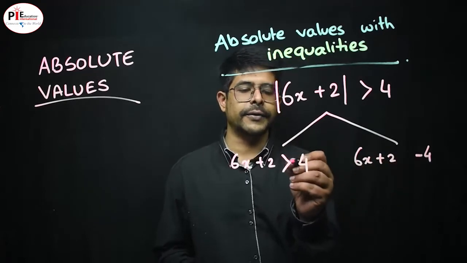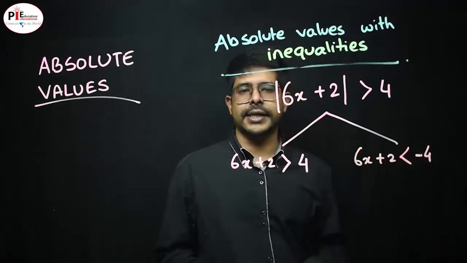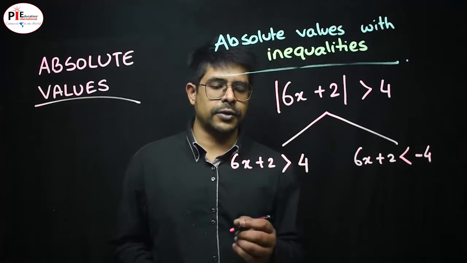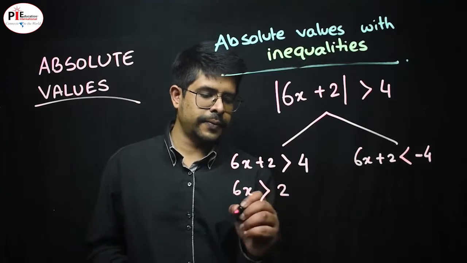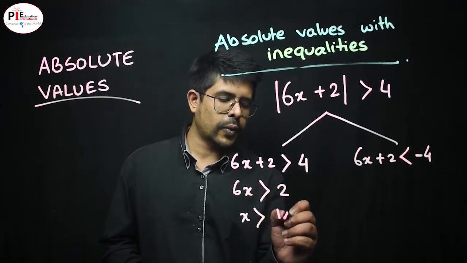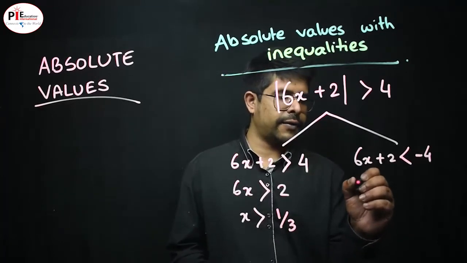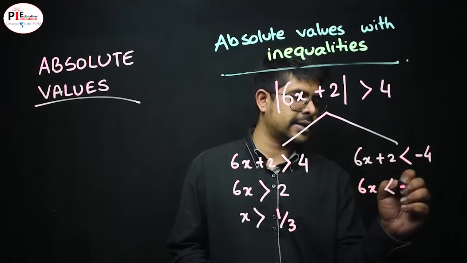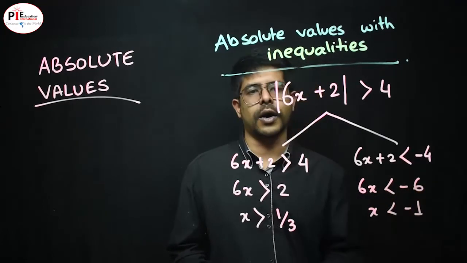It won't be greater than anymore. The sign will flip and it will become less than negative 4. So over here, 6x is greater than 2 and x will be greater than 1 over 3. Similarly, over here we have 6x is less than minus 6 and x will be less than negative 1.